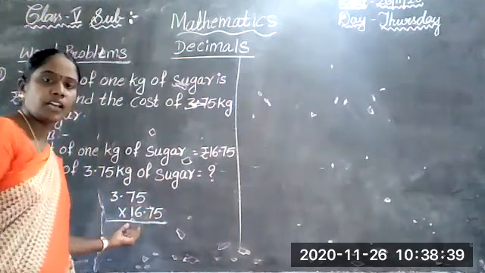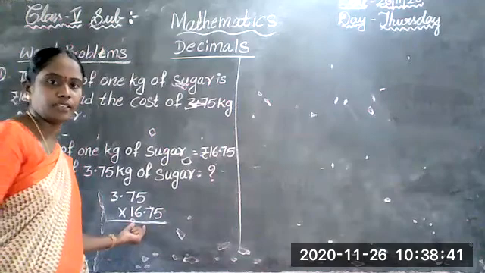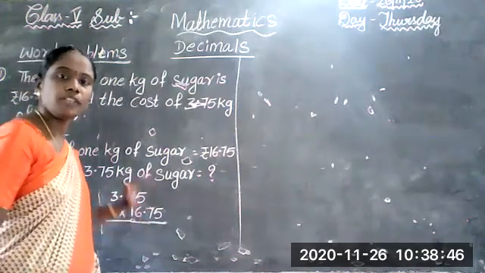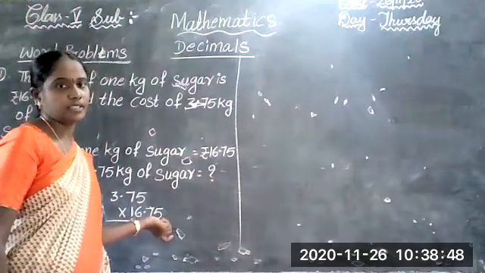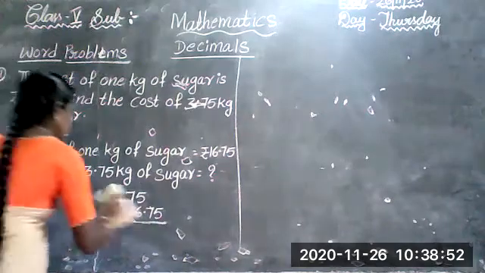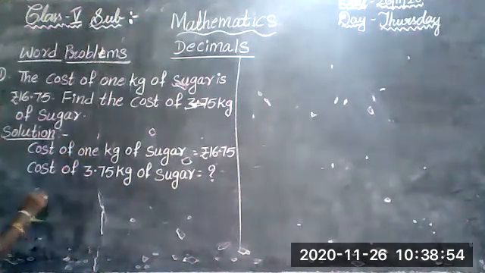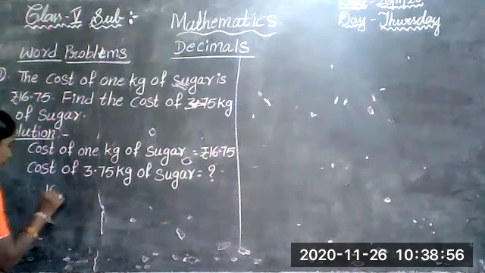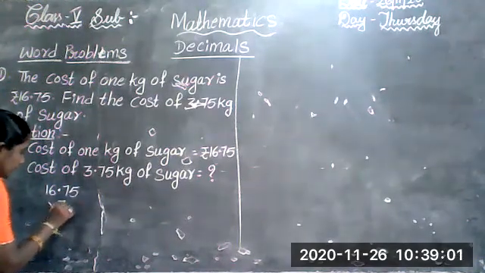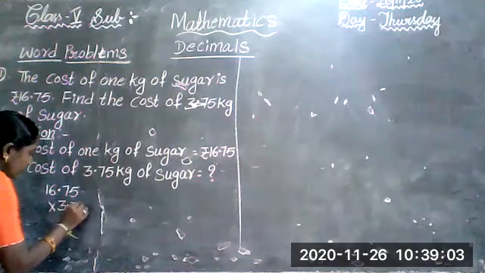But here we have to do with a 4-digit number. But here we have to do with a 3-digit number. So we can do with the 3-digit number. Now again I am writing this one: 16.75 into 3.75.